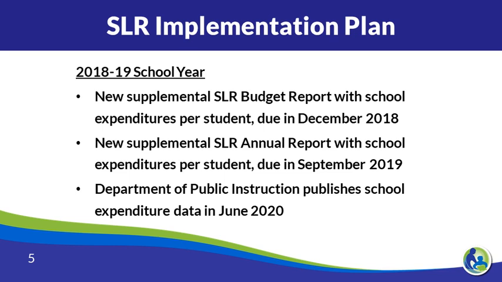Next, a school-level annual report with each district's and LEA's actual spending in the 2018-19 school year will be due in September 2019. As with the budget, this will be a supplemental report. Finally, DPI will publish the school-level expenditure data reported by districts and LEAs in June of 2020.